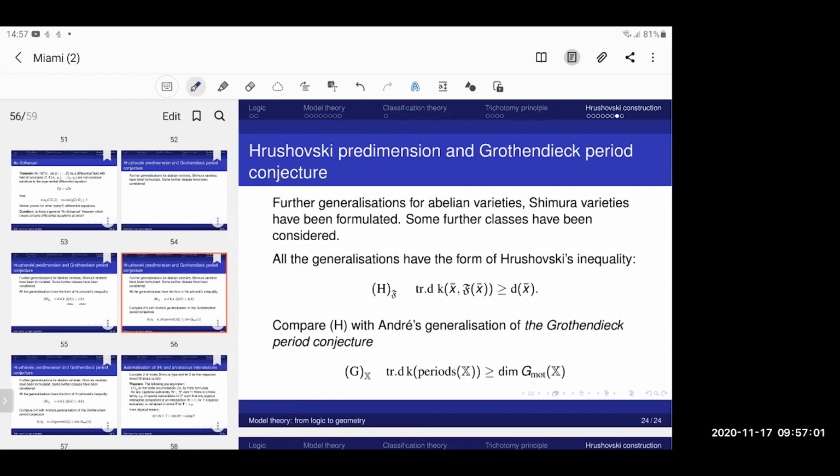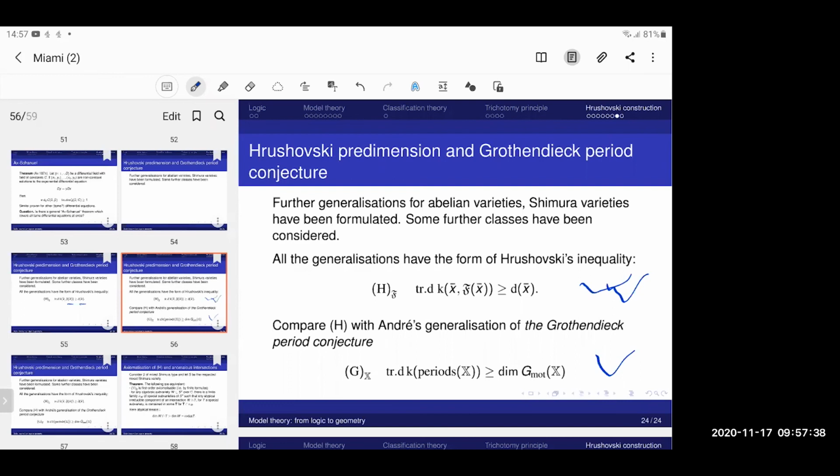So Andre and his students produced some results that illustrate the meaning of Grothendieck period conjecture in the context of Schanuel's conjecture and its extension to elliptic functions. And in all these examples, these two work in a very, very similar way. But my feeling is that this one is more general.